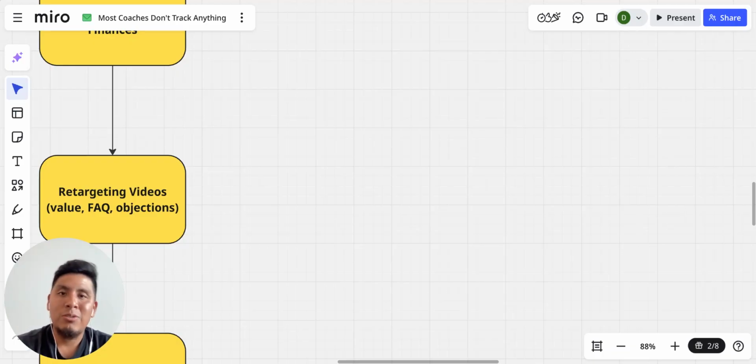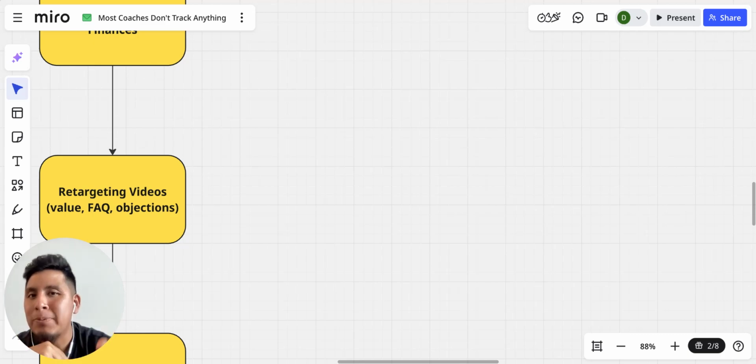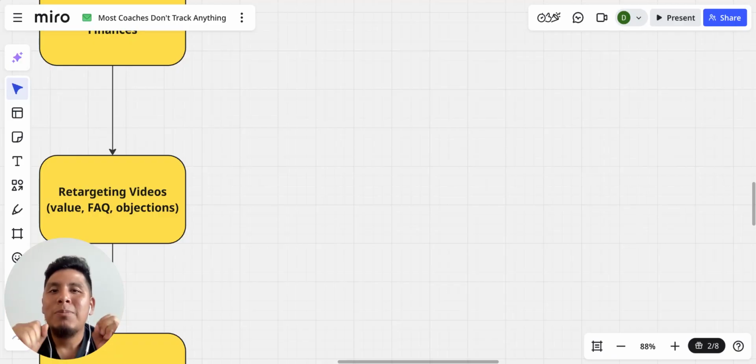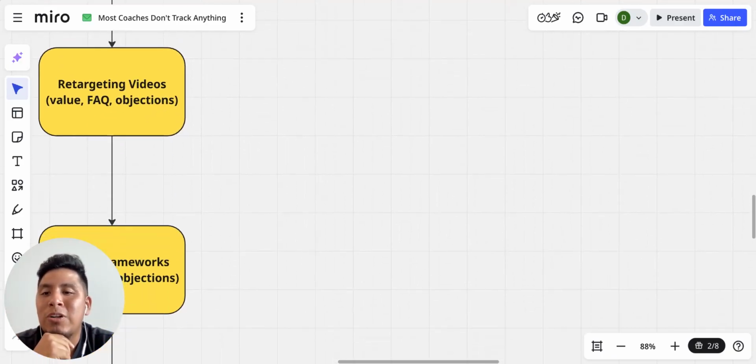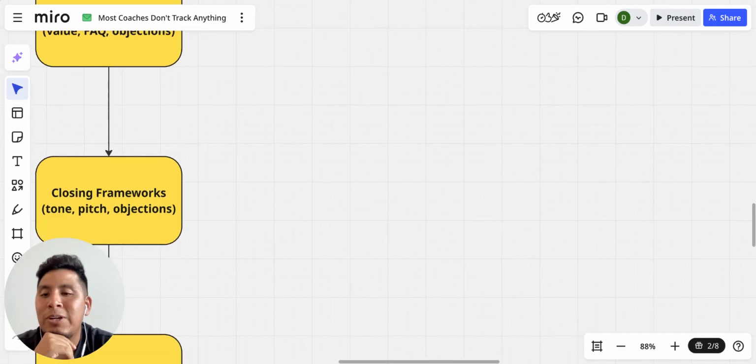That helps them want to show up to the call. These are secondary things that aren't really trackable, but we've seen them help increase the show up rate, because you're giving them different points of contact that help support on the back end.